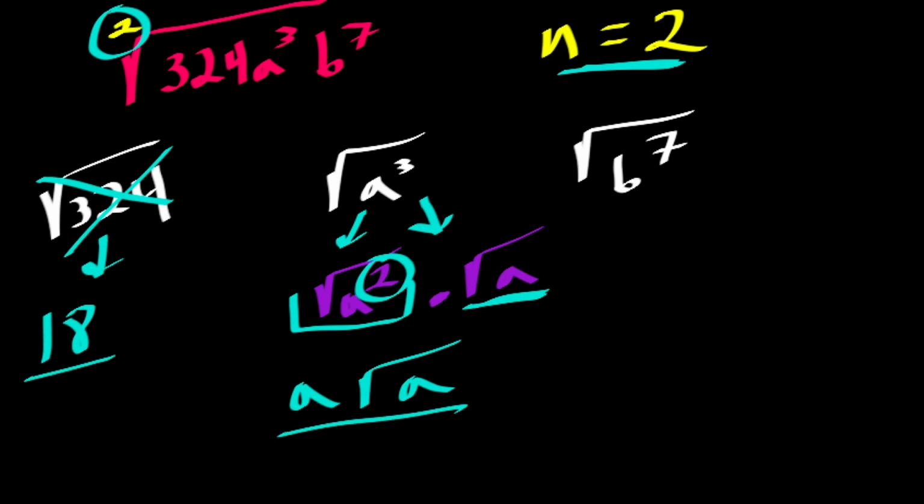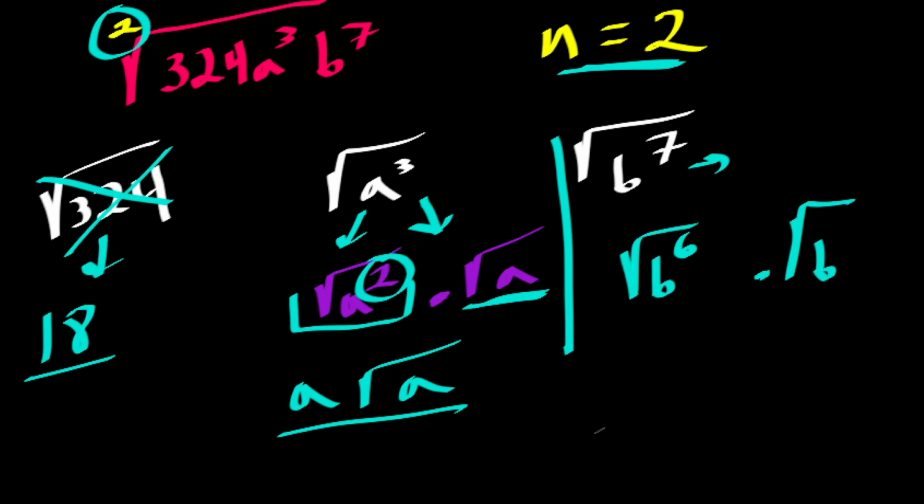18, we have a radical a, and now we're going to break down b to the 7th. So once again, is this exponent 7 divisible by 2? No. So that's what we need to do first. We need to break this down so that we make b to the 7th into b to the 6th times b. And then we'll just keep both of those under a square root.